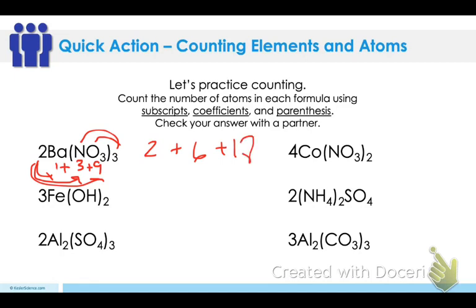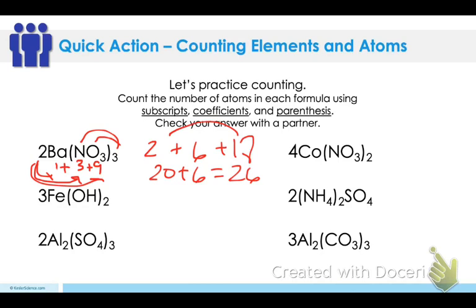And then you're going to add that all together. So 18 plus 2, 20, plus 6, 26. And that's your answer. You're going to solve for the other 5.